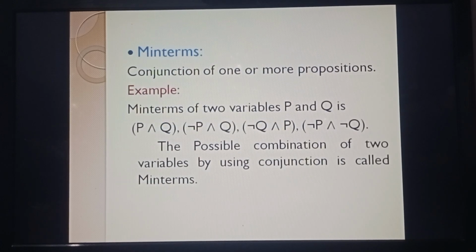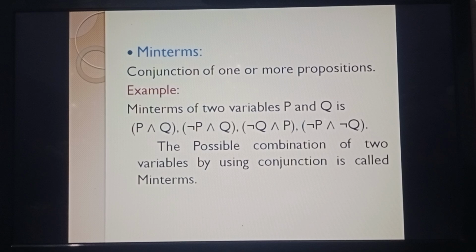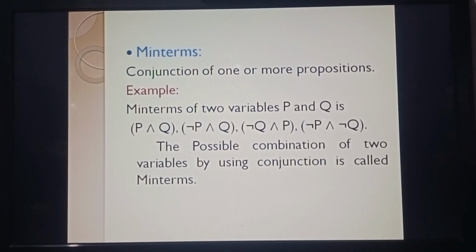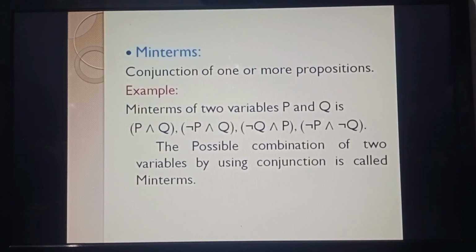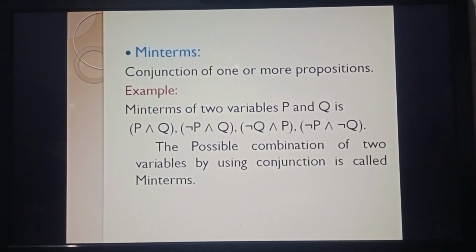Min terms means conjunction of one or more propositions. For example, if we have two variables p and q, the min terms of the two variables are p and q, negation p and q, negation q and p, negation p and negation q.